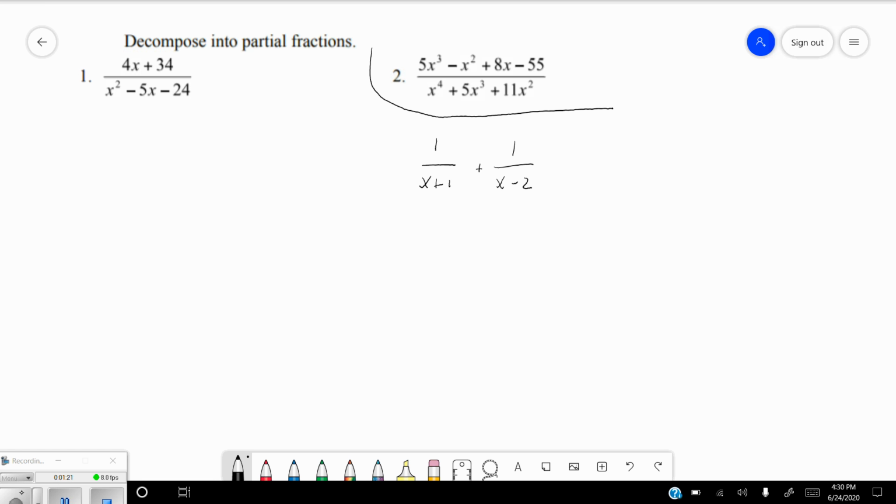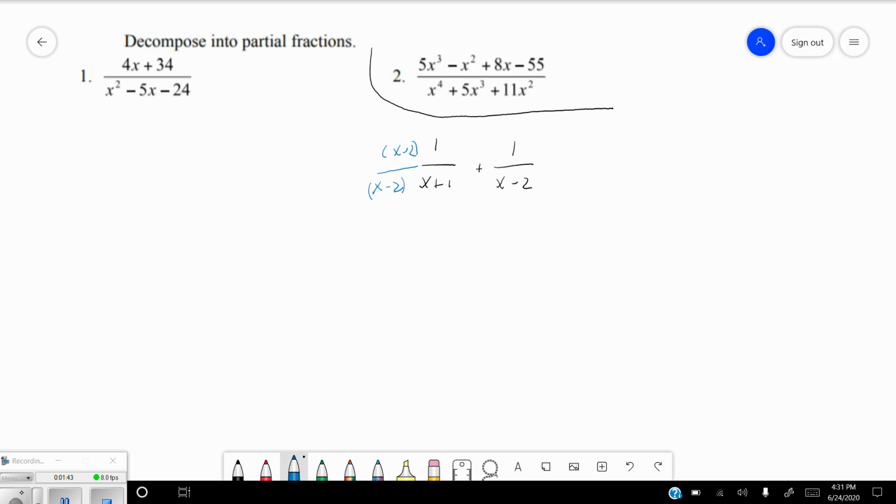If we want to add those two things, we know from previous work that we have to have a common denominator. And the common denominator here is going to be x plus 1 times x minus 2. So in order to get that common denominator, I'm going to have to multiply this first one here by x minus 2 over x minus 2.